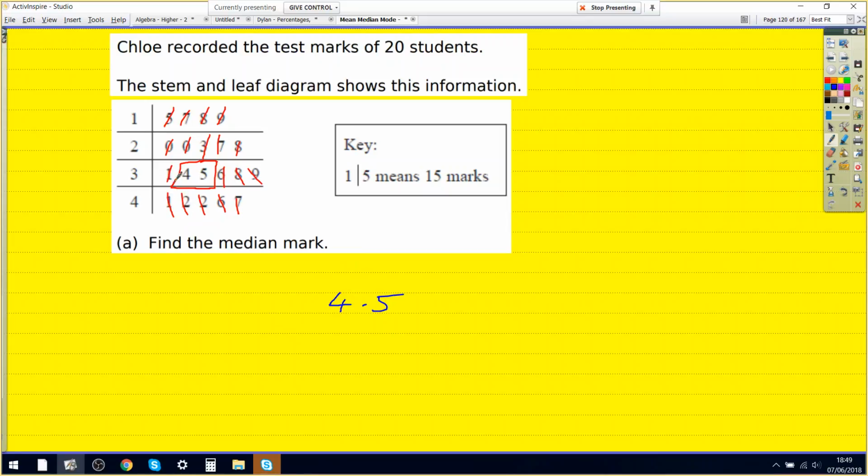In the what row was it in? Oh, so it'd be. It was in row 3, so if it was in row 1, would that mean? If it was in row 1, it would be 14.5.